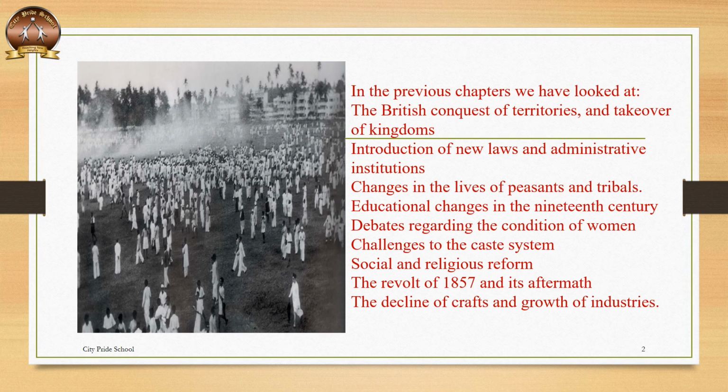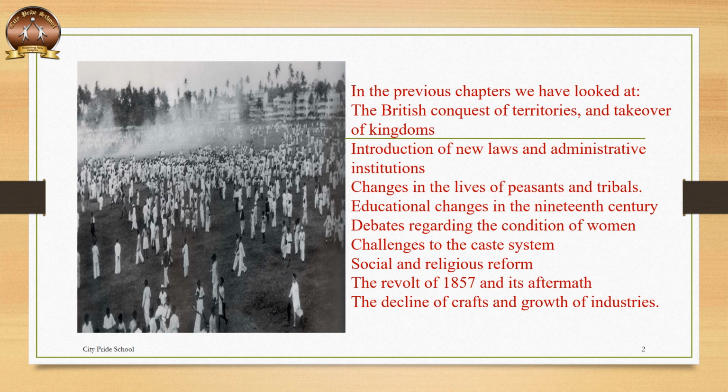Children, in the previous chapters, like From Trade to Territory, we have seen that Britishers came to India for trade, and after getting Diwani rights, they started capturing territories and kingdoms. We have learned about the introduction of new laws and administrative institutions.